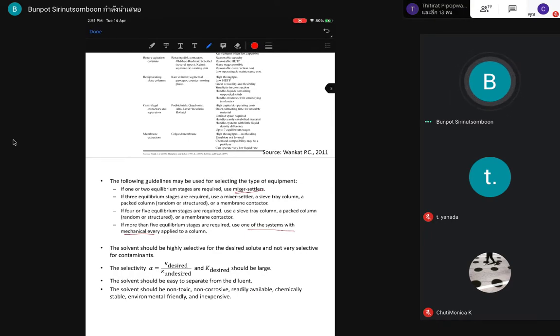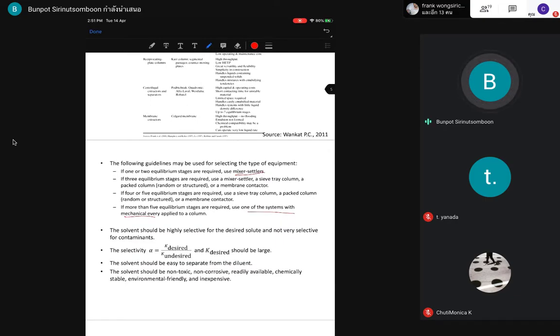And ideally, when we select the solvent, we want it to be highly selective for the desired solute, and not selective to the contaminants. In our ideal problems, we only have three compounds: the solvent compound, the diluent compound, and the solute compound.